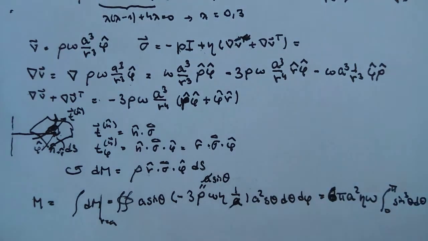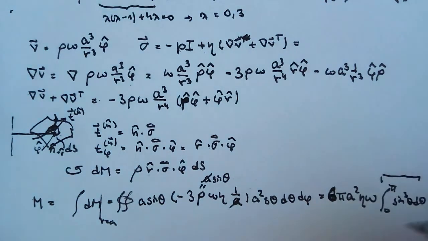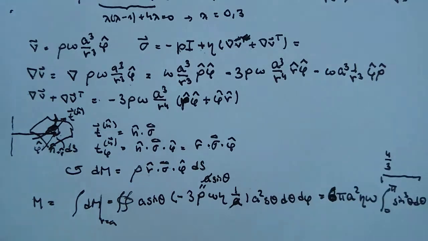And this is a really easy integral, because if you integrate it, you will get 4/3, since its primitive function is minus cosine theta plus 1/3 times cosine cubed, so it's 2 minus 2/3.